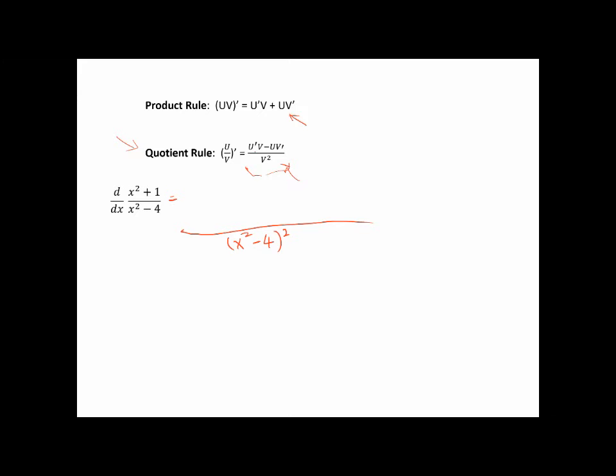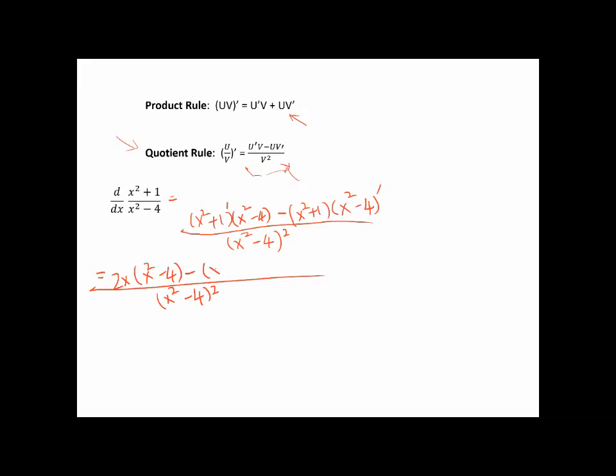On the top is u'v, which is (x squared plus 1)' multiplied by (x squared minus 4), and then minus uv', (x squared plus 1) times (x squared minus 4)', equals (x squared minus 4) squared, 2x(x squared minus 4) minus (x squared plus 1)2x.